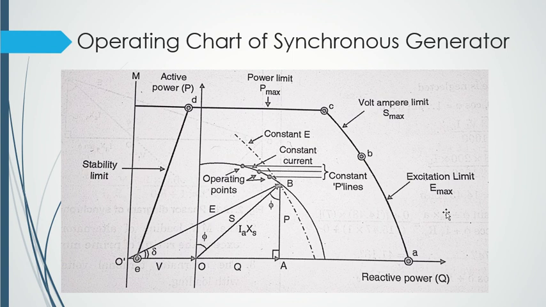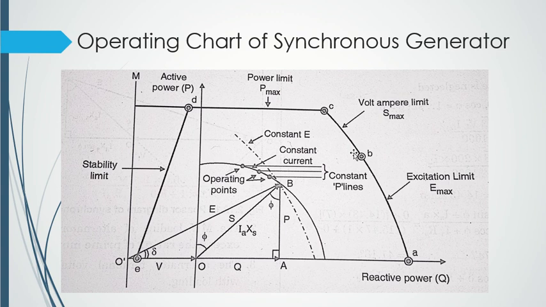Basically, remember we were talking about the four things which affect your alternator or armature, right? So in the first region, the operation of your alternator is limited by maximum field current. Then let's come to the second region, this BC region.